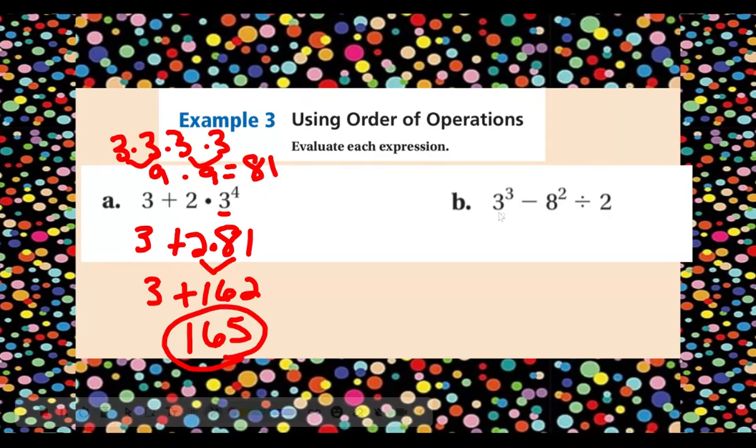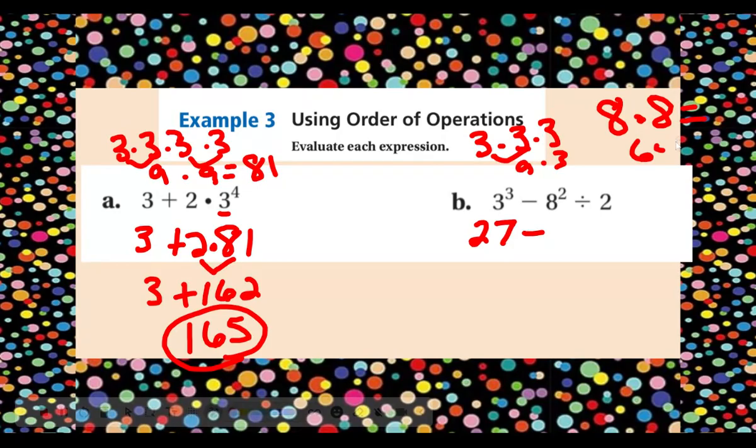Great work. Okay, B, 3 to the 3rd power. On your paper, go somewhere and write 3 times 3 times 3 and then solve it. 3 times 3 is 9. 9 times 3 is 27. Minus 8 squared. Write out 8 times 8. And we know that's 64. So 64 under 8 squared divided by 2. So now what do we do next?